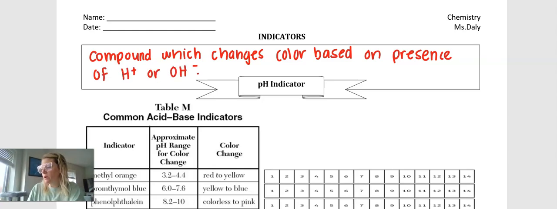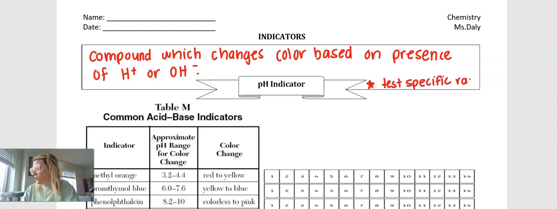And this is a really oversimplified understanding of an acid-base indicator. It actually does become much more complex than this, but for the purpose of this course, all we really need to know is that it's a really cool substance that's going to change color based on the relative pH of your solution. And they're often used to test for a specific range.